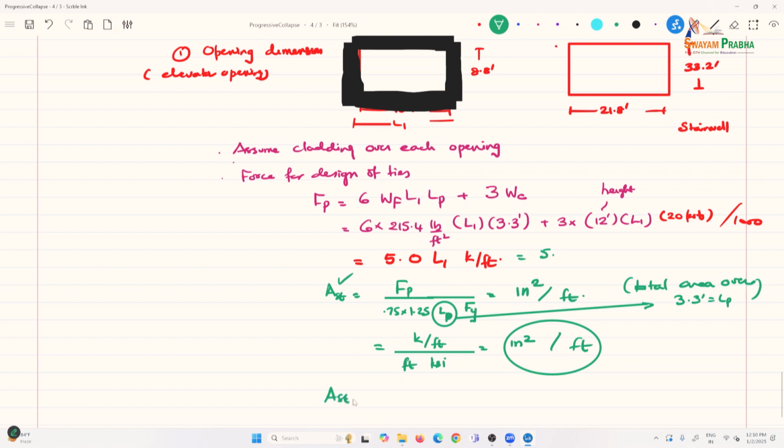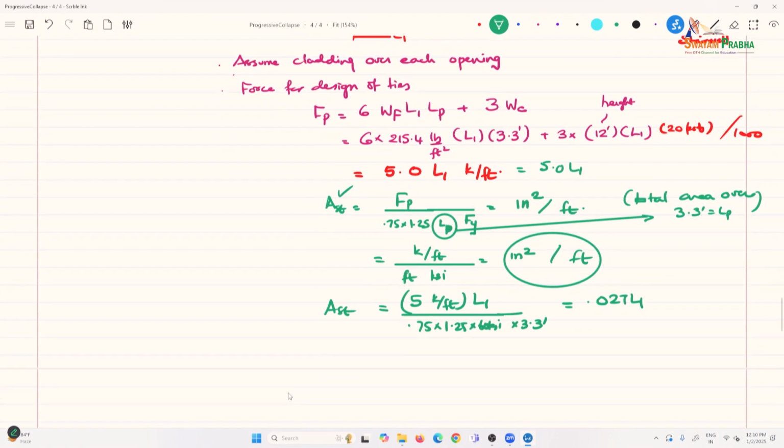So, AST is 5 kips per foot L1 divided by 0.75 times 1.25 times 60 KSI multiplied by 3.3 feet comes to 0.027 L1. Here it is L1 in feet, and here also L1 in feet.